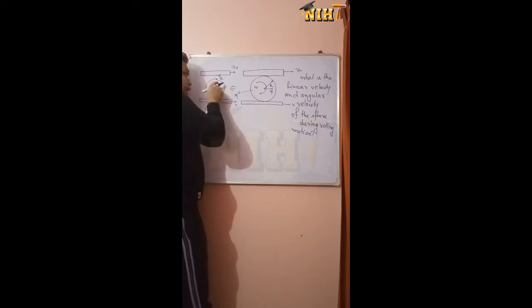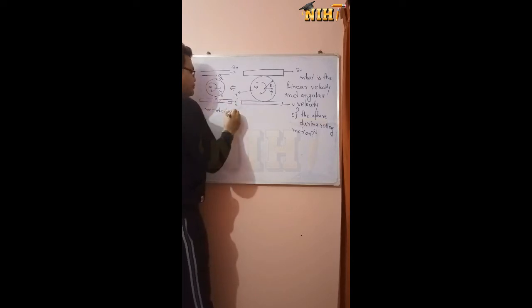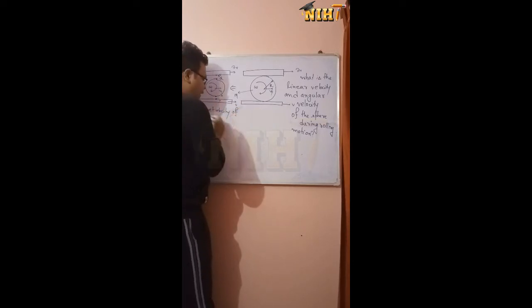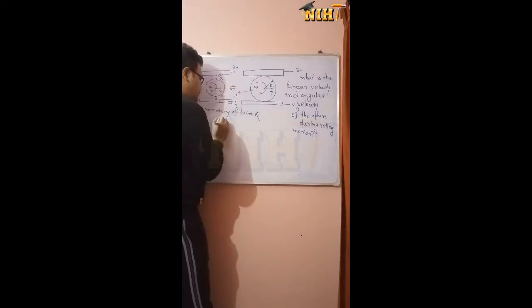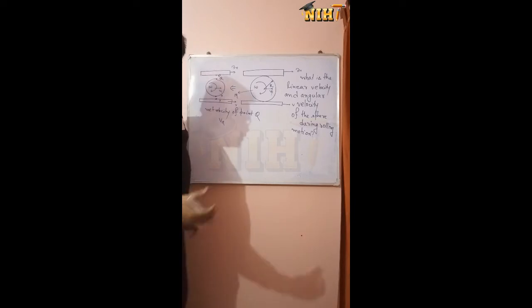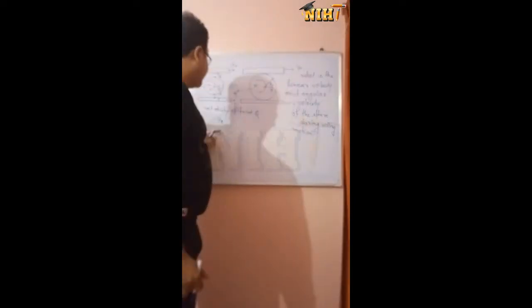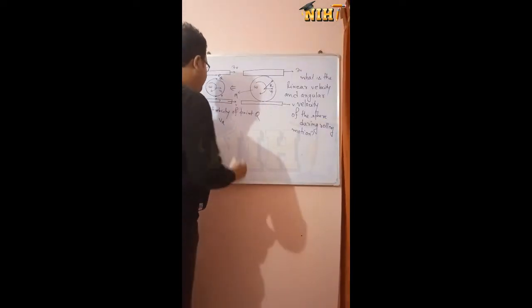What will be the net velocity of point Q? That will be written as VQ. We can take VQ as a reference velocity of the point Q.